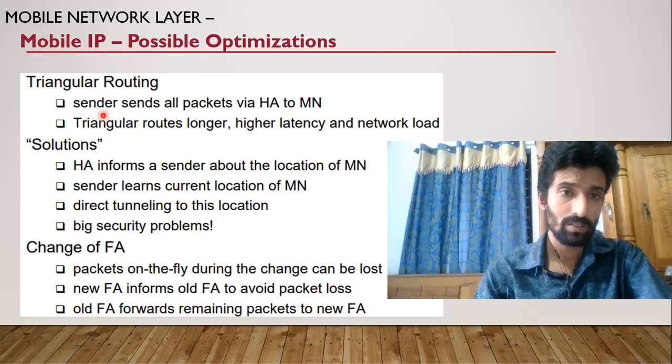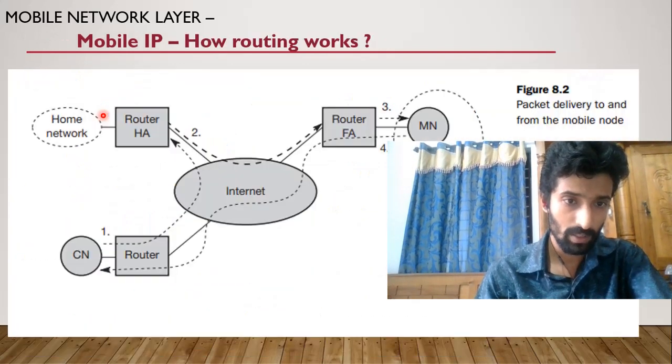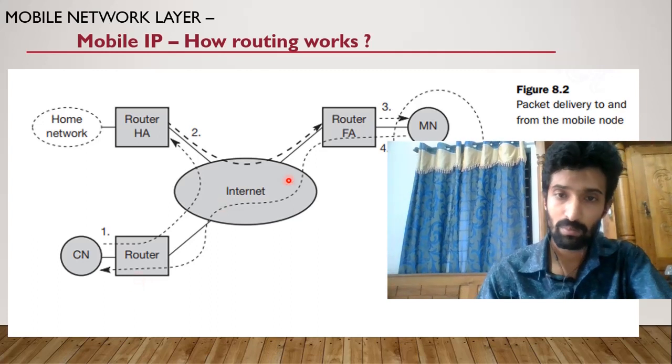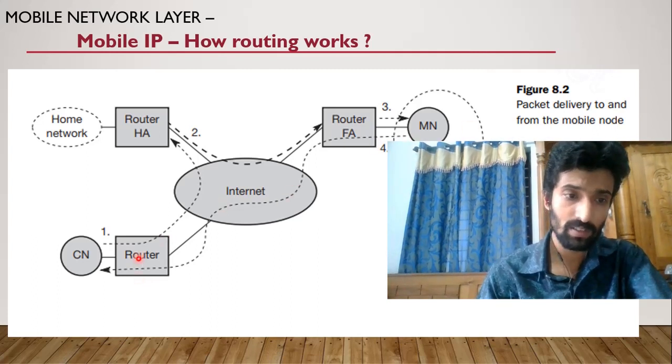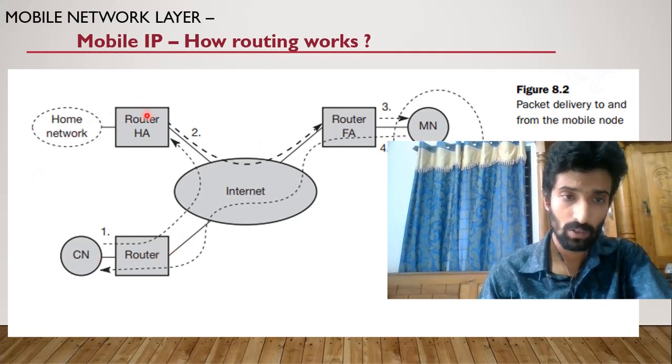So I'll just go back. This is the first edge, second edge, and the third edge of the triangle. A possible optimization to this problem is that the MN generates its first response and it is received at the CN. The CN can learn the current location of the MN. So from the next packet, the CN can directly send to the MN without the involvement of the home agent.